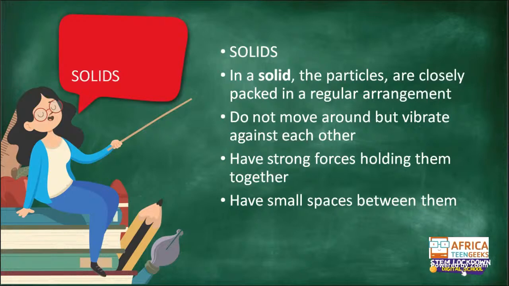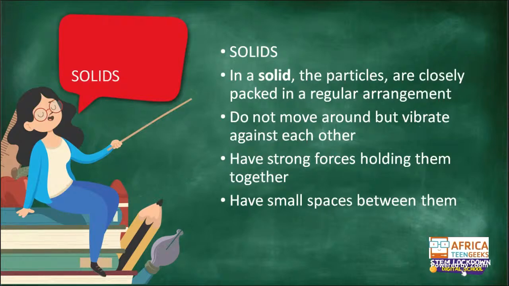Okay, so what we have just looked at is talking about the concept of the particle model of matter. So it says that in a solid, the particles are closely arranged. The particles do not move about, but they vibrate against each other.